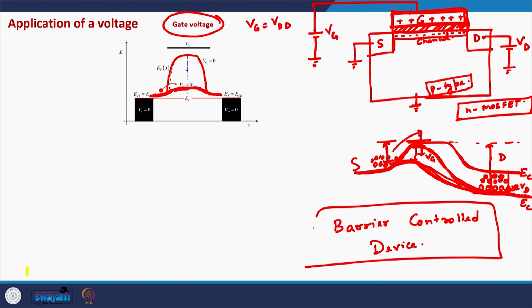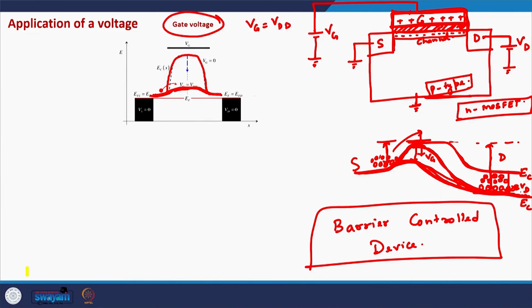Because the height of the barrier is controlled by the gate voltage, and the symmetry of the conduction band, or the symmetry of electronic distribution around the barrier, is controlled by the drain voltage, and by playing with both of these voltages we can set up a net current in the system.